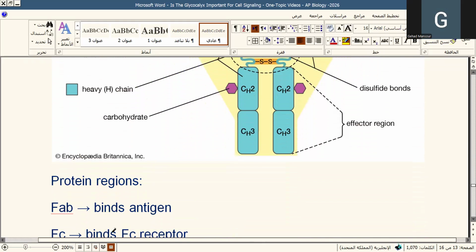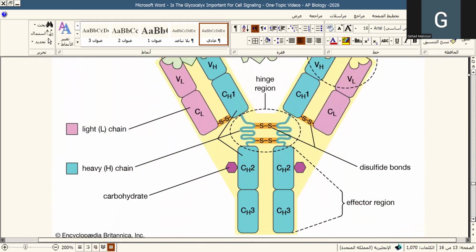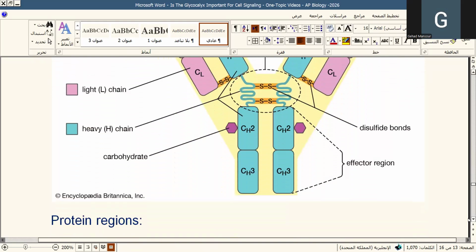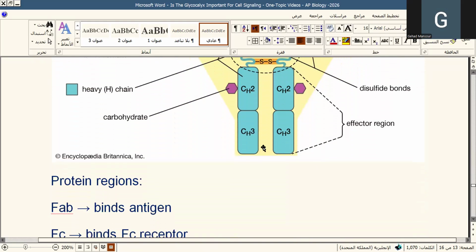They have a fraction that binds the antigen, the FAB or F antigen-binding fraction, which is this part that binds the antigen, that has a specific binding site or antigen binding site. But we also have the FC portion, which is a constant portion, and that binds with specific receptors on the B lymphocytes, because you know that the immunoglobulin has to attach itself to a B lymphocyte.